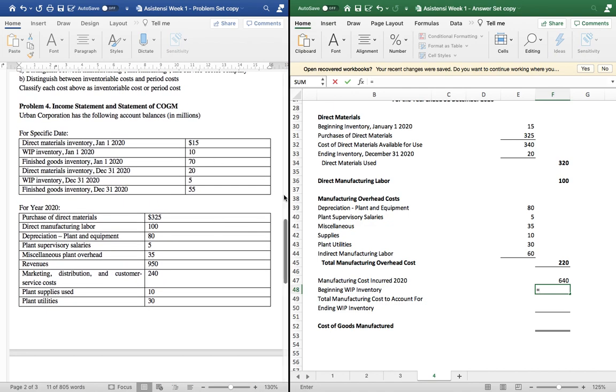We get from the case here $10 million. So total manufacturing cost to account for in the year is 650, and at the end of the year we still have work in process inventory, which is $5 million. So the cost of goods manufactured in 2020 is the total manufacturing cost to account for, which is 650, minus the ending work in process inventory that we still have at the end of the year. So it's 645.